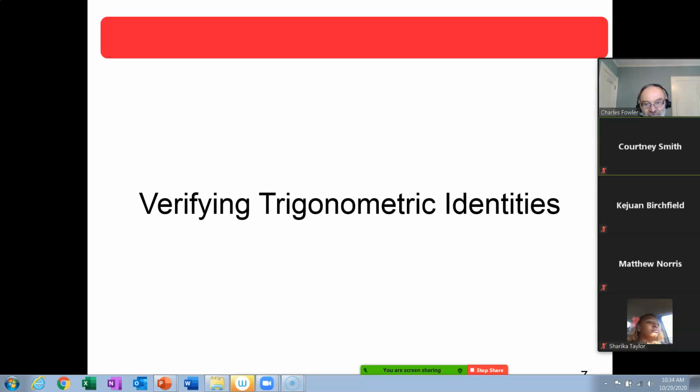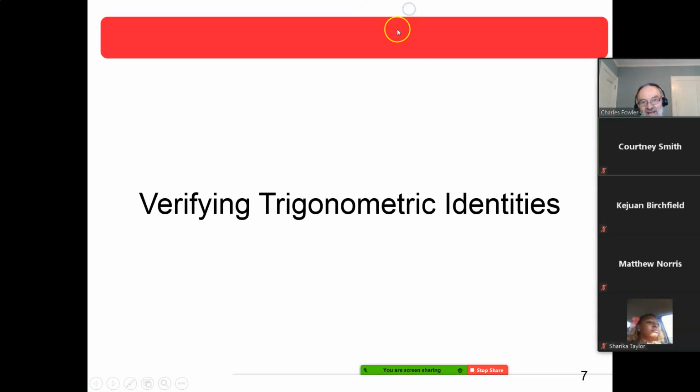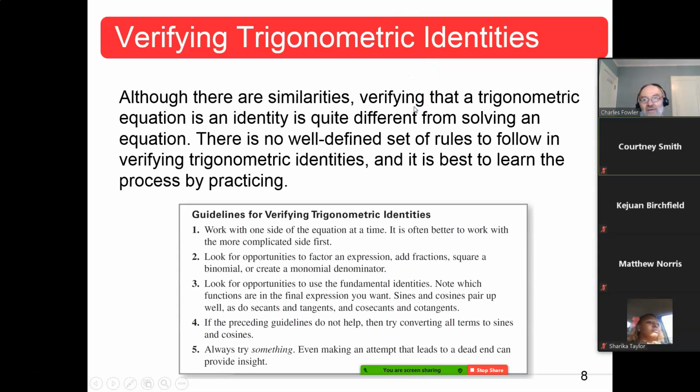We have equations that may be true for only certain values, but an identity is always true for all values. And we're going to be verifying those. Here we go. Although there are similarities, verifying that a trigonometric equation is an identity is quite different from solving an equation.